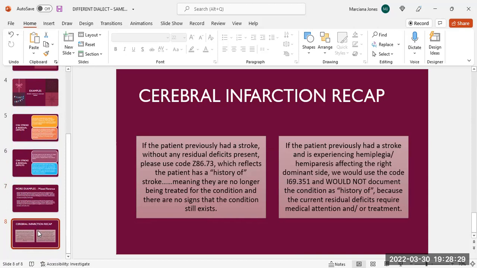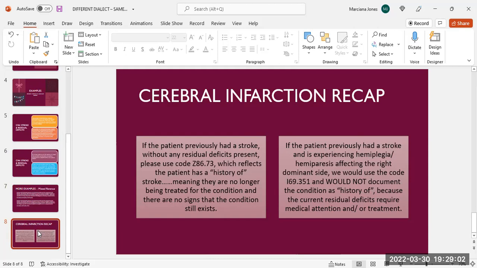If the patient previously had a stroke and is experiencing hemiplegia or hemiparesis affecting the right dominant side, we will use the code I69.351. We would not document the condition as history of because the current residual deficits require medical attention and/or treatment. So I hope this was a great recap for you, especially for cerebral infarction or strokes.